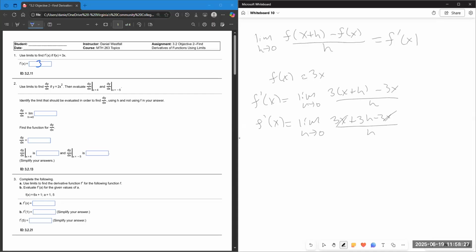Everything in the numerator that doesn't have an h in it will have to go to 0. Some of the h terms may also go to 0 in this process sometimes. So the limit as h goes to 0 of 3h over h is the limit as h goes to 0 of the constant 3, which is 3.